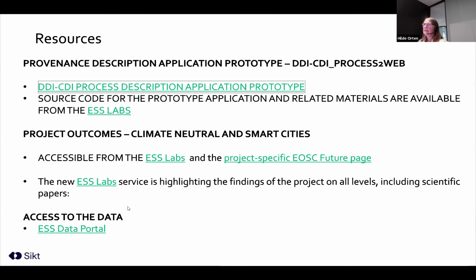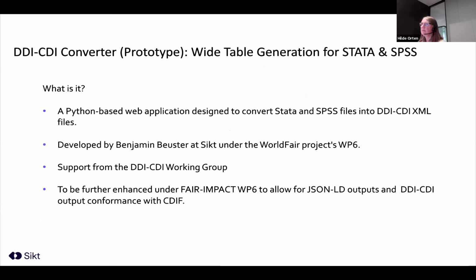So here you can see there are more. If you're interested and you see this presentation, you can have more information about where you can find the source code and more information about this tool, and also more about that project.